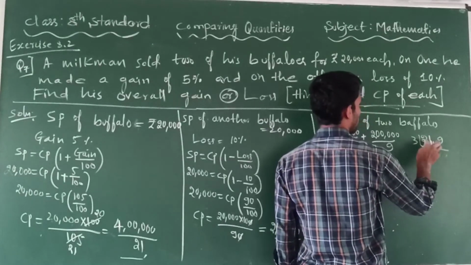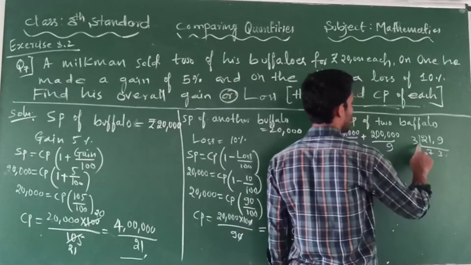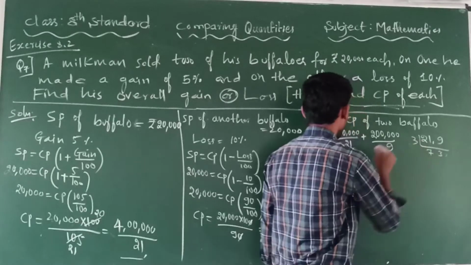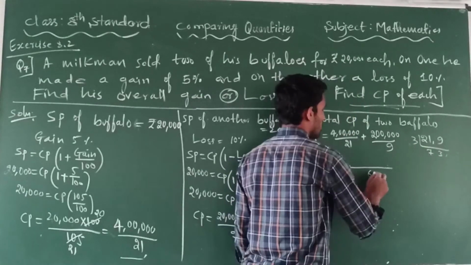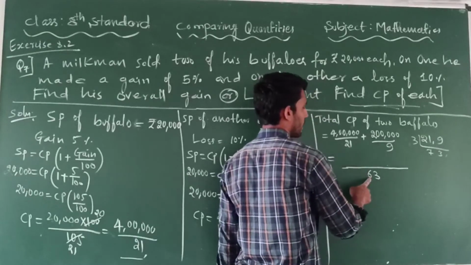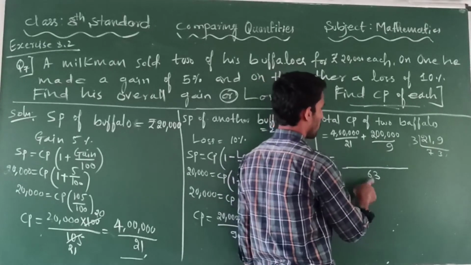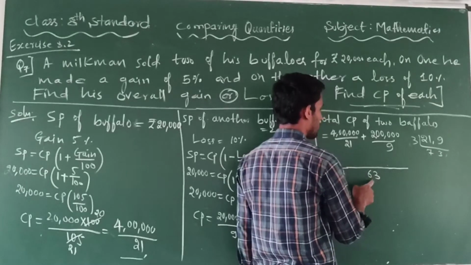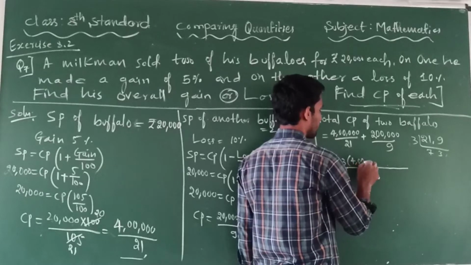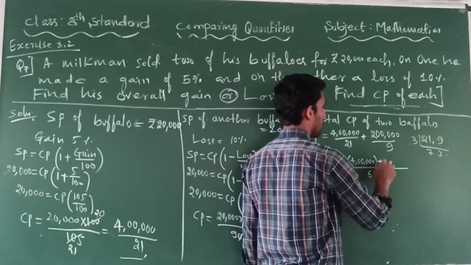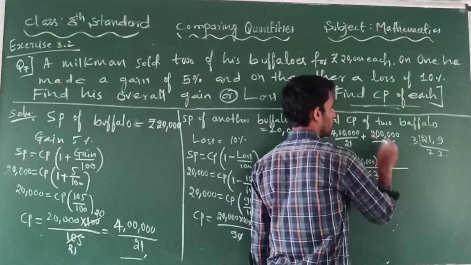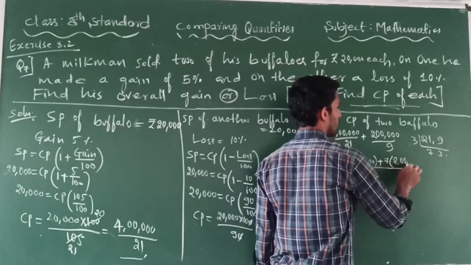3 7s are 21, 3 3s are 9. When you multiply, 7 3s are 21, 21 3s are 63. Now you cancel: 21 3s are 63. Here 3 we have to multiply with 4 lakh, plus 9 7s are 63, cancel, 7 into 2 lakh.